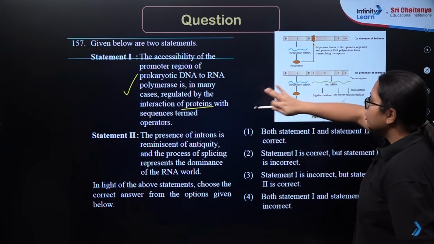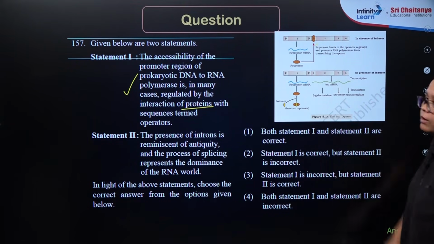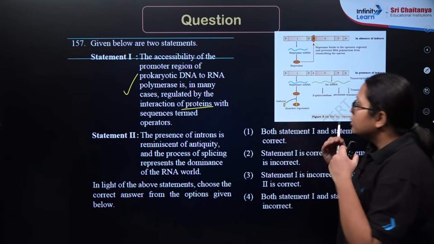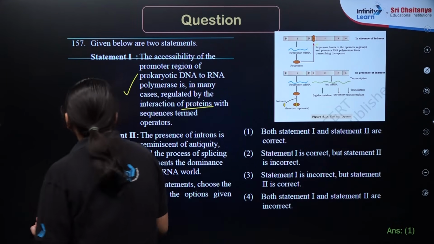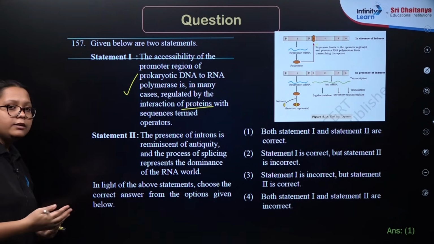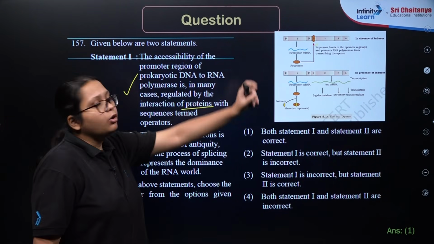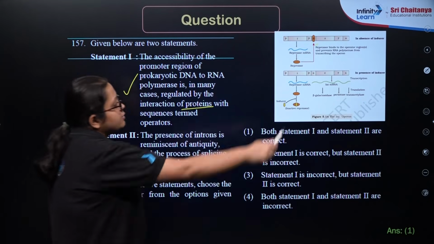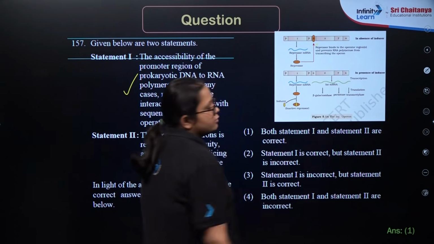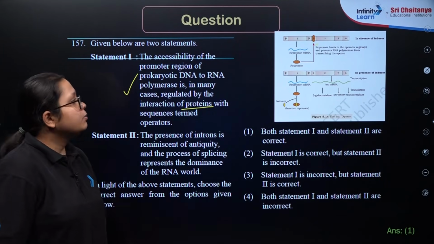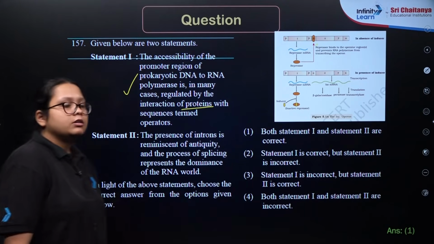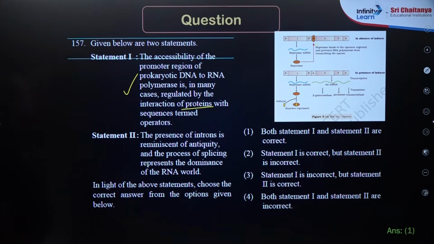So you can understand this question with the help of the lac operon: the promoter region is accessible to the RNA polymerase, and it is regulated by many proteins and also a sequence termed operator. When the operator is empty, only then can transcription happen by RNA polymerase. So this is an example of statement 1.